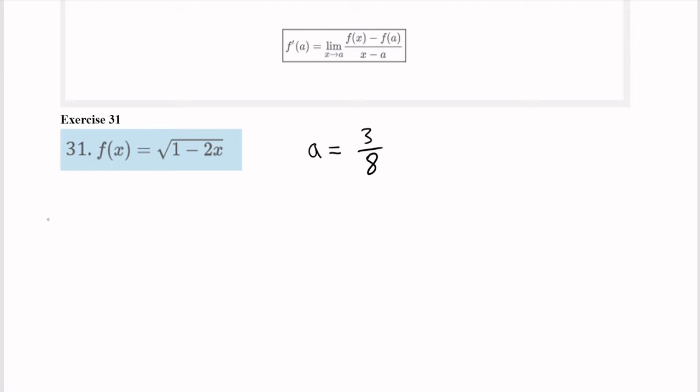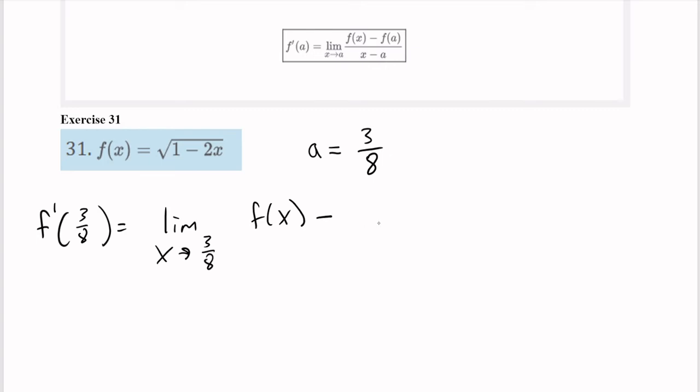So, okay, the derivative of this function at 3/8 is equal to, we'll start with this one because we can see it, the limit as x approaches 3 over 8 of f of x minus f of 3 over 8 over x minus 3 over 8. Okay.